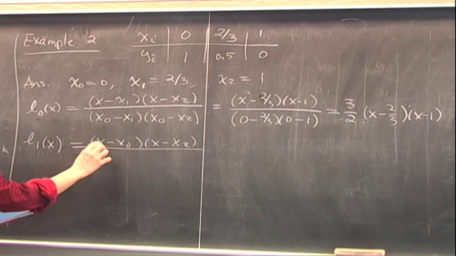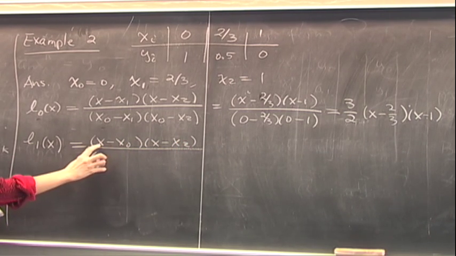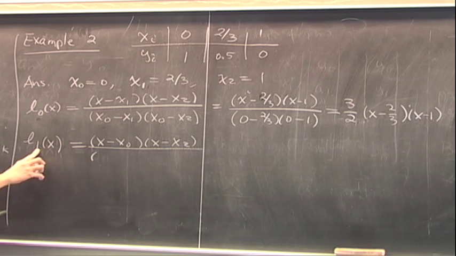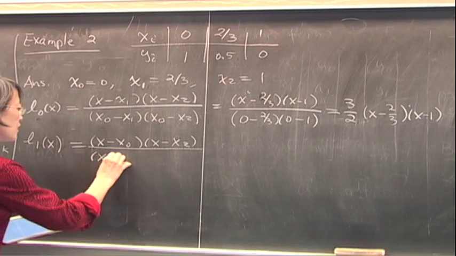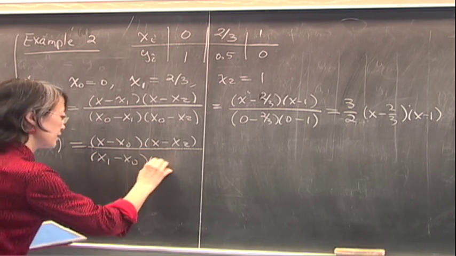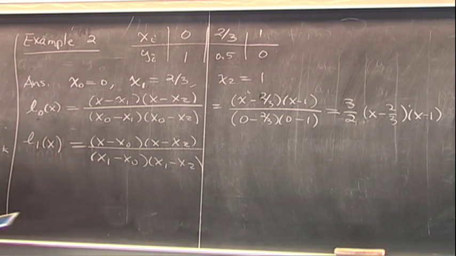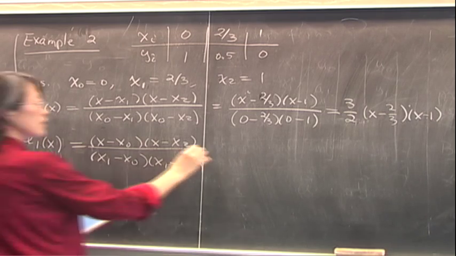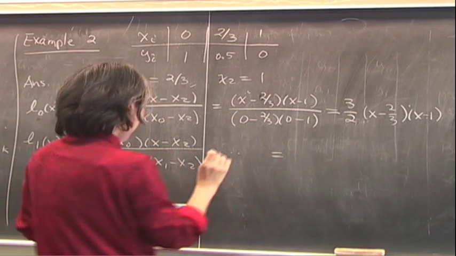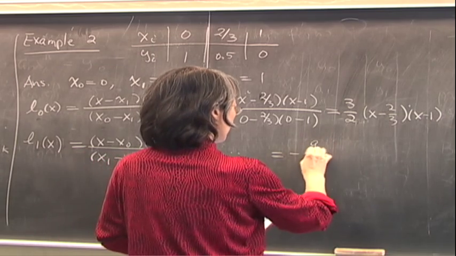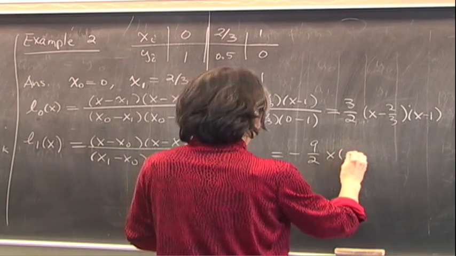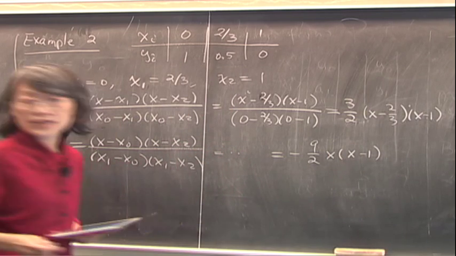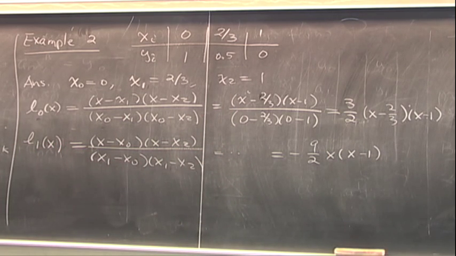And then the denominator is the same as the numerator, where I change x to x1, right? So if you see, the pattern is not that bad. You put in the values of x1, x2, x0, and evaluate. Let me give you the answer. Is that okay? That's what you will get. I did not simplify, I only lumped the denominator and worked it out.